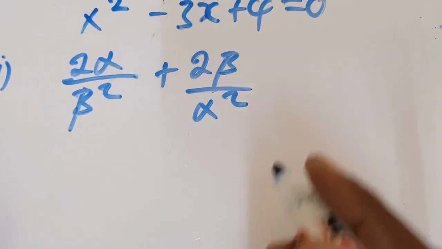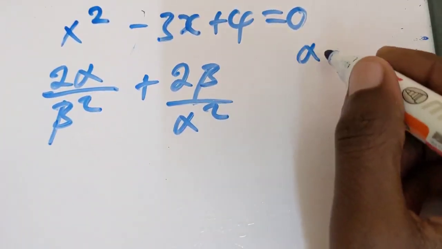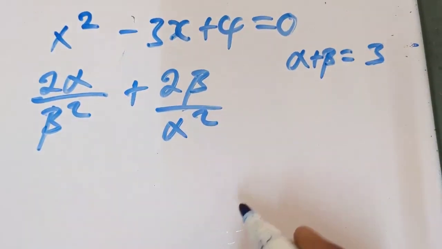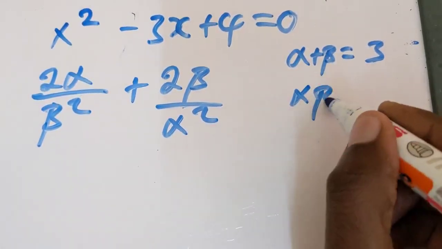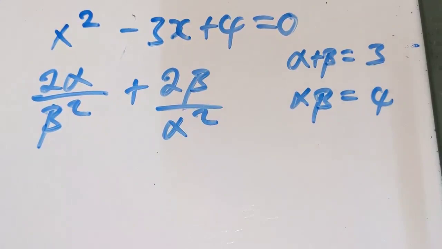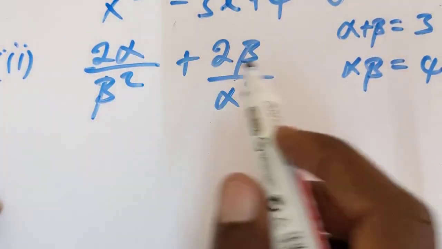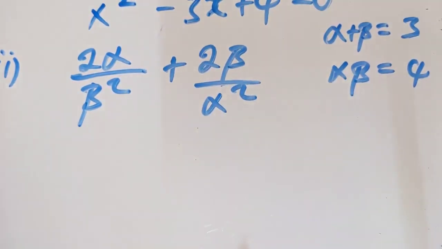So we know that alpha plus beta is equal to 3, and alpha beta is equal to 4. That is what we had found. So we need to express this in terms of these two.